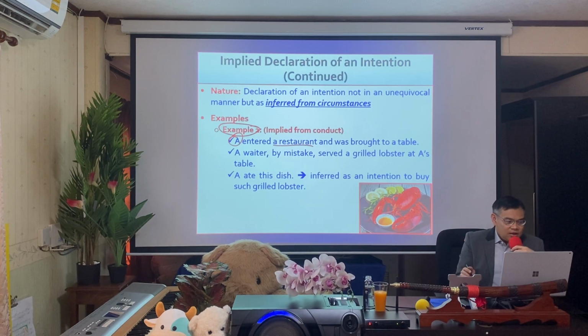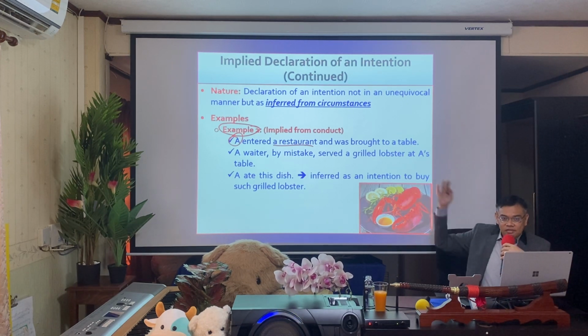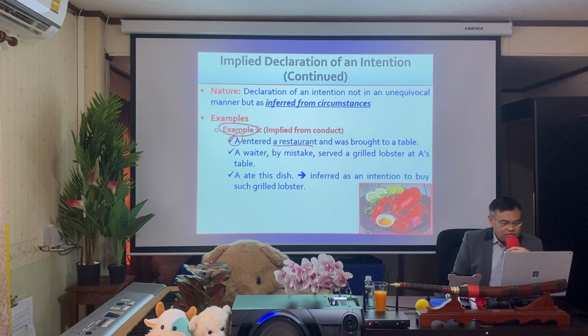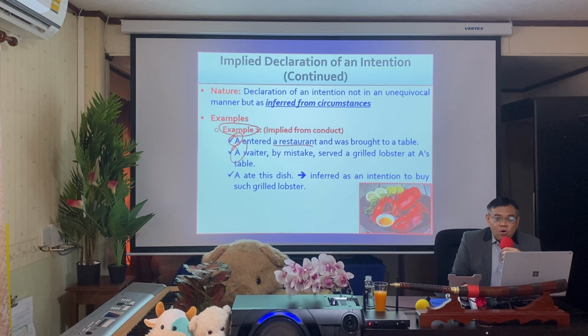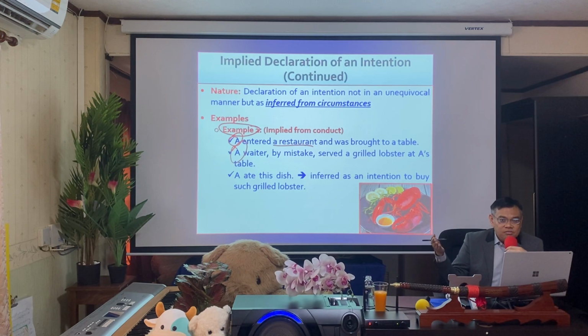Okay, so now again we look at this example number 2, an example of the implied declaration of an intention. A entered a restaurant and was taken to a table. A was at his own table.